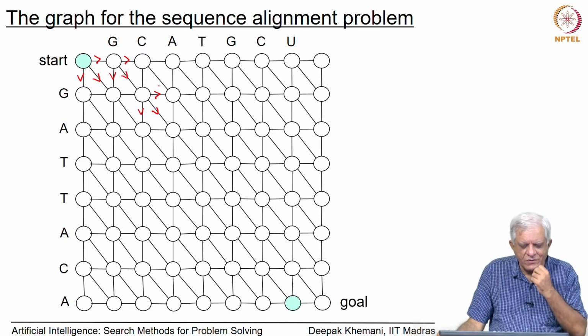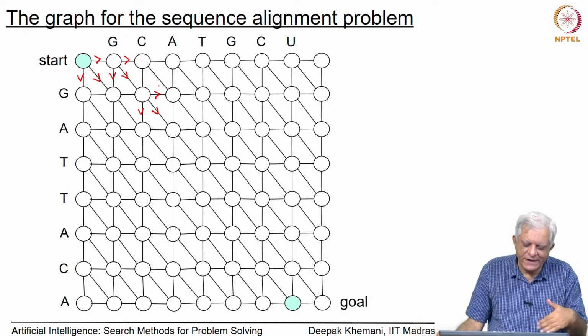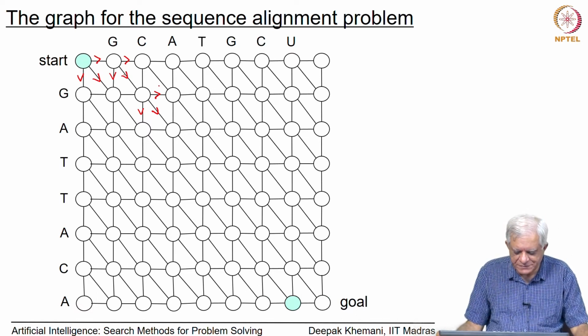And so, the number of nodes in this graph is 8, 1 plus 7, because 1 we need for the starting position. So, it is an 8 by 8 array of nodes here, where you can move either to the right or to the bottom or to the bottom right diagonally.